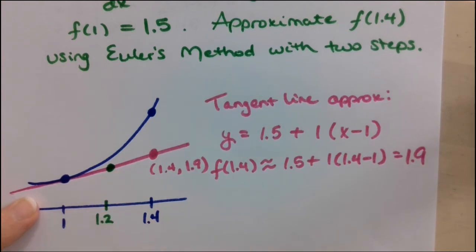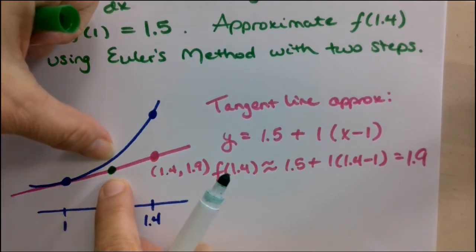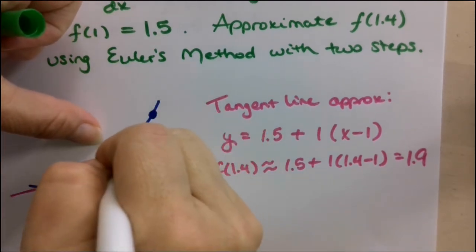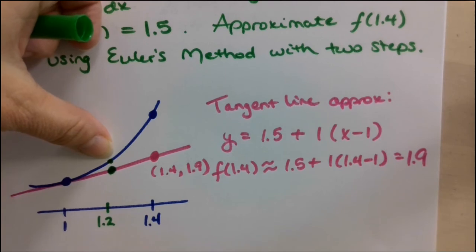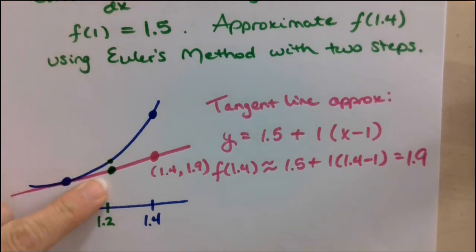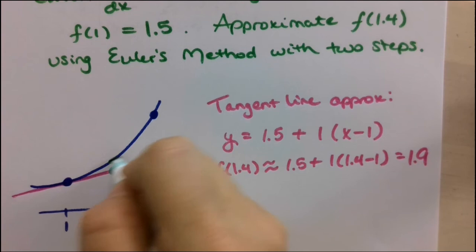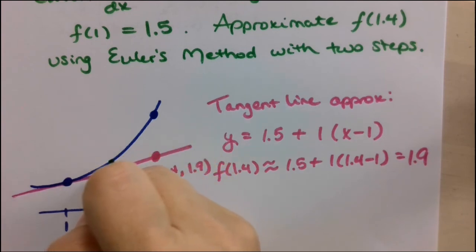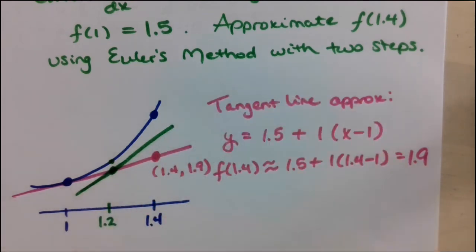Then what I'm going to do is use this point and the slope of the curve up here at this point, and write a new linear equation. I'm not going to call it a tangent line because it's not actually going to be touching the curve. It's going to go through this point that we found ourselves, but we're going to use the slope of the curve. That slope is going to send that line maybe like this.